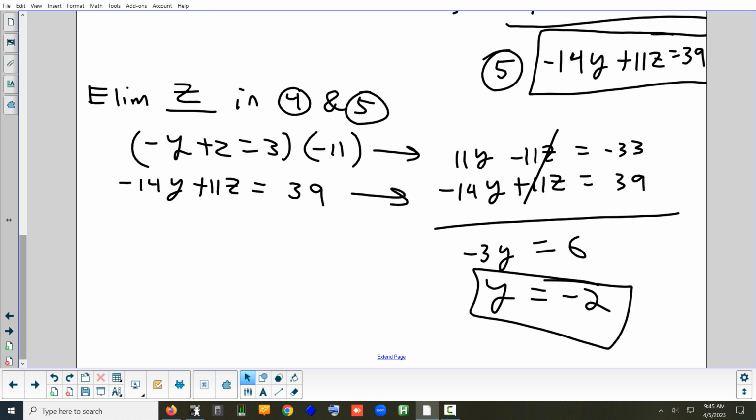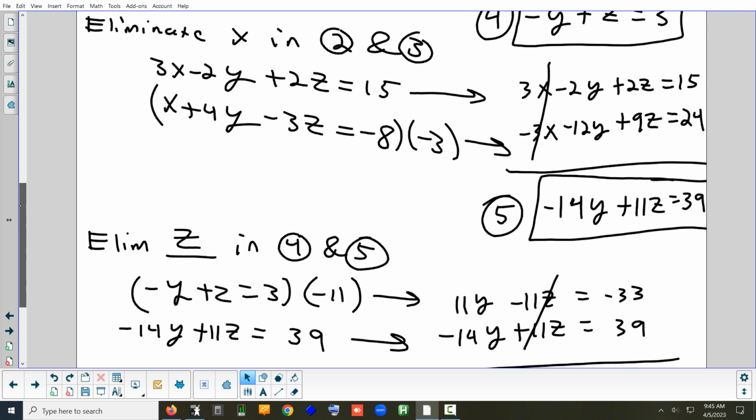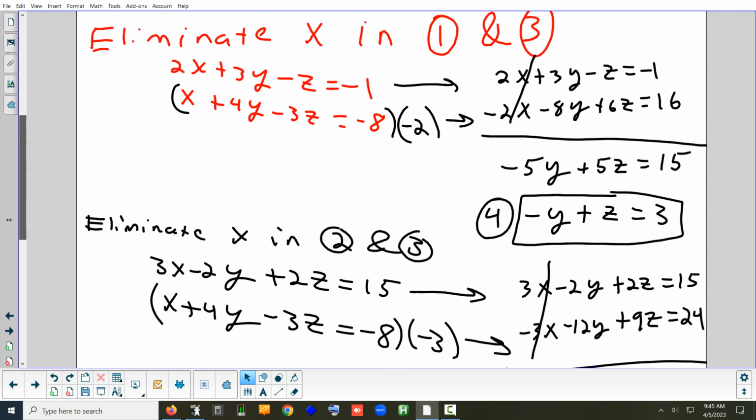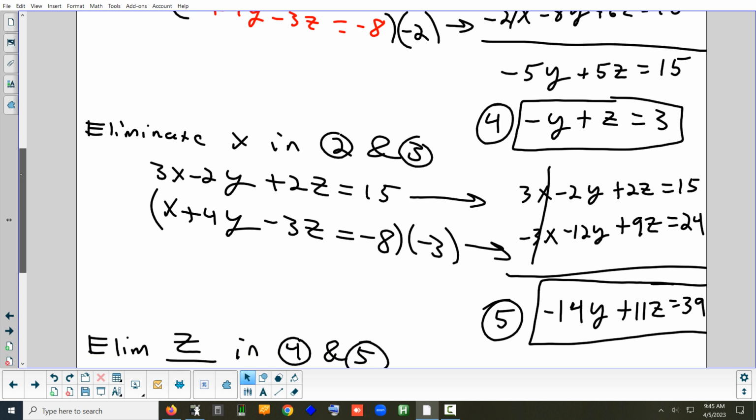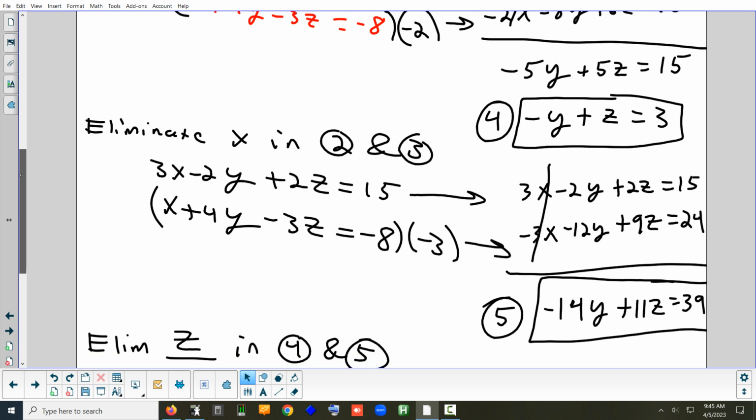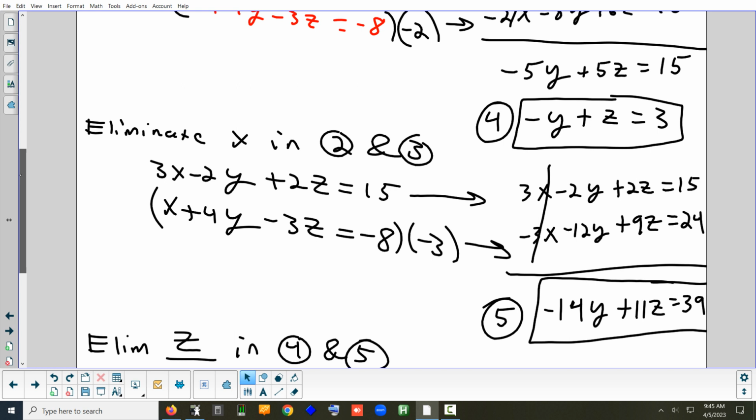And once you get your first letter, you're like 90% done the problem. You've really done all the hard stuff. Now substitute it back to get your other variables. I would use equation 4 to now solve for z. You can use 5 if you want, but I think 4 is easier. So -y plus z equals 3.